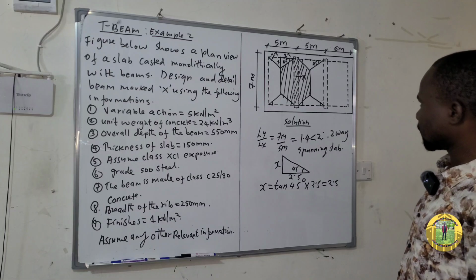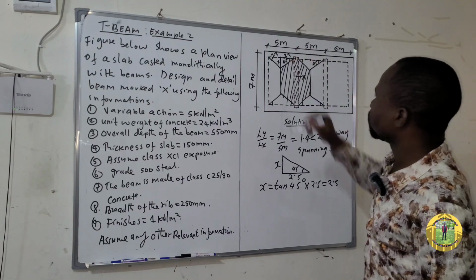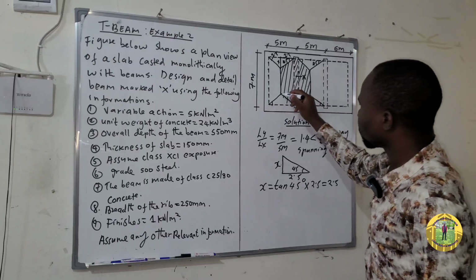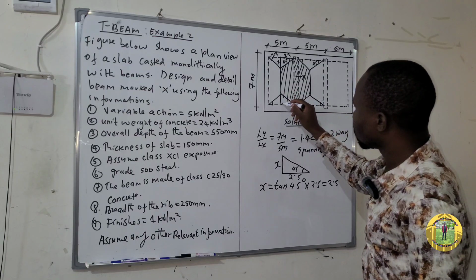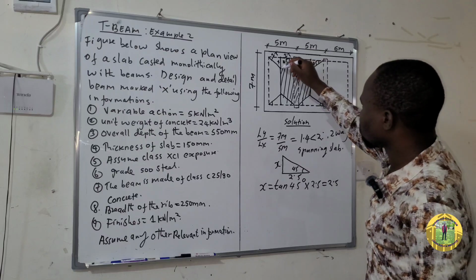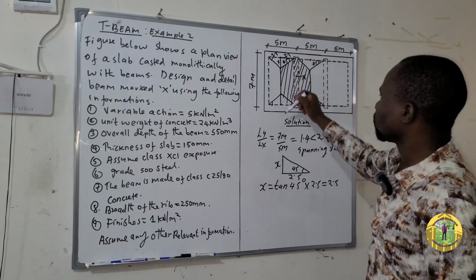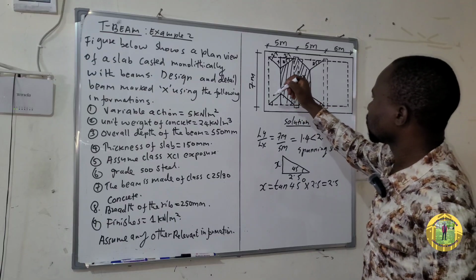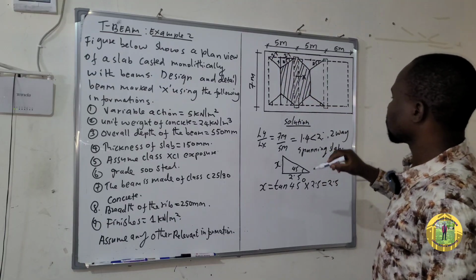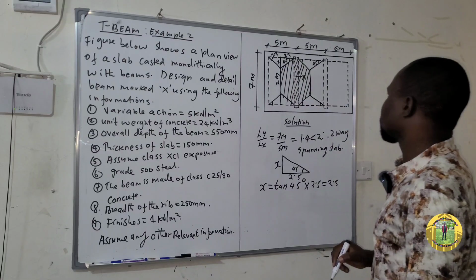So it means from here to here is 2.5. As well from here up to this point is 2.5. So we need this distance from here to here. So you'll take 2.5 plus 2.5, which is 5. Then you subtract from 7. So you will get 2. So this is 2 meters.